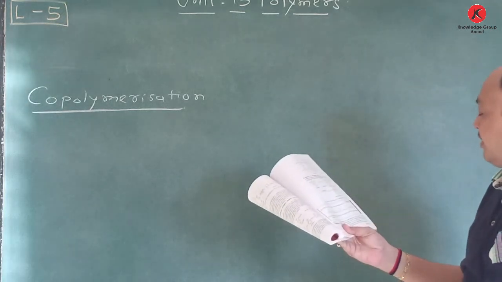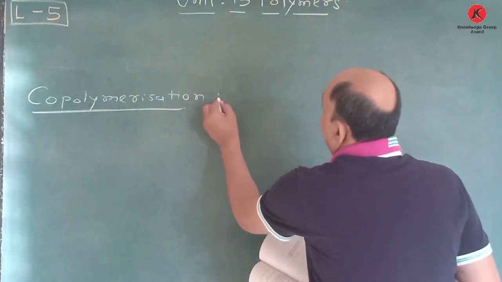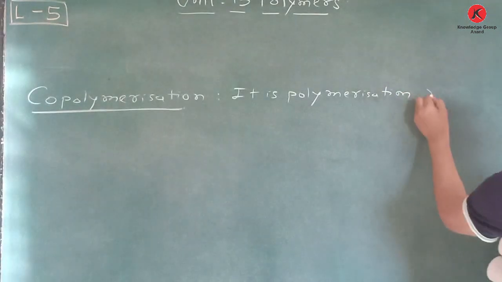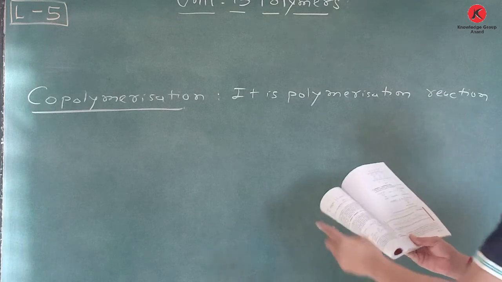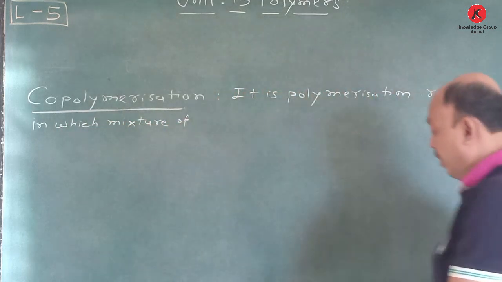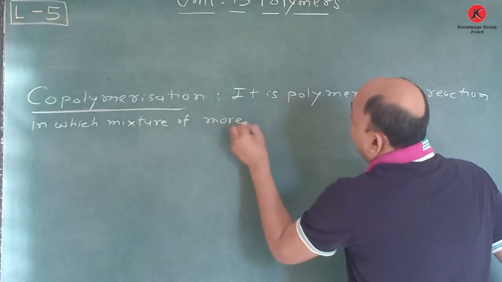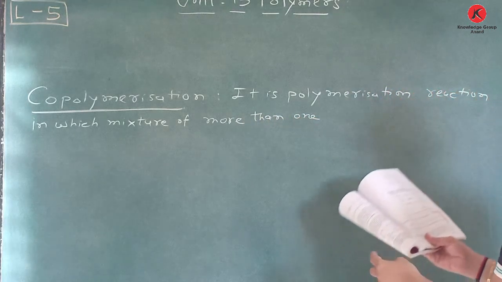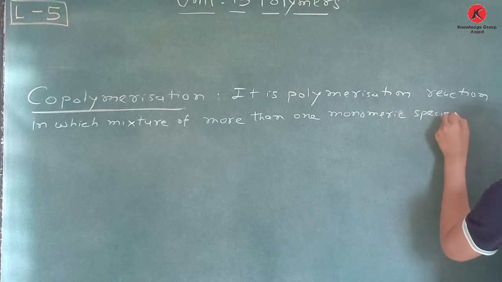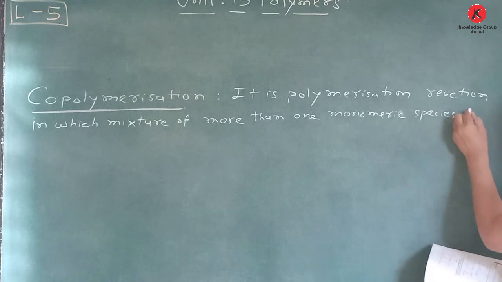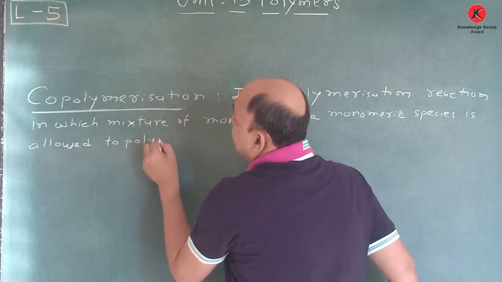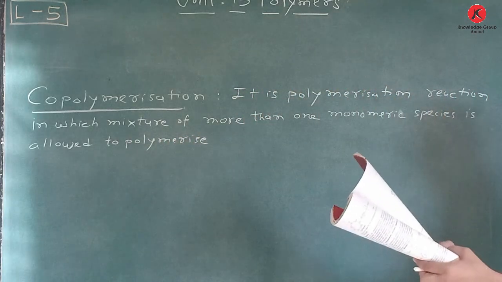So what is the meaning of copolymer? Just write down here. Copolymerization is a polymerization reaction in which a mixture of more than one monomeric species is allowed to polymerize and form a copolymer.